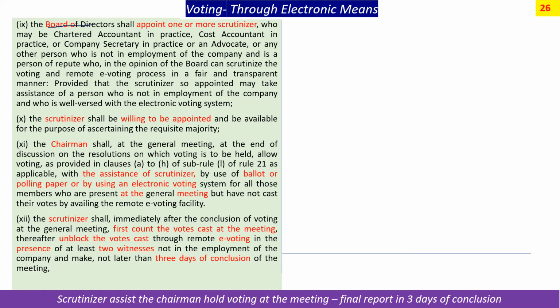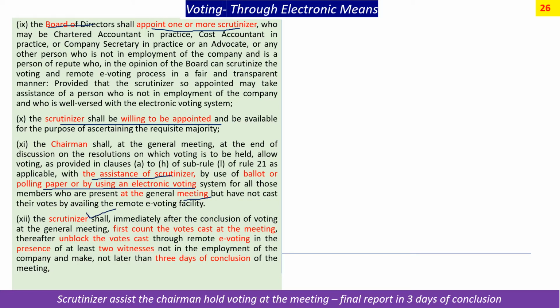And what the board will do is they will appoint one or more scrutinizers, and the scrutinizer has to give his consent to be appointed as such. And the poll will be taken and they will be in control of both remote electronic voting and voting inside the meeting premises.